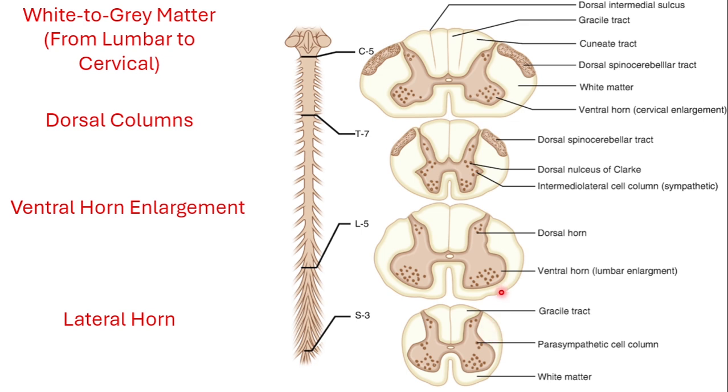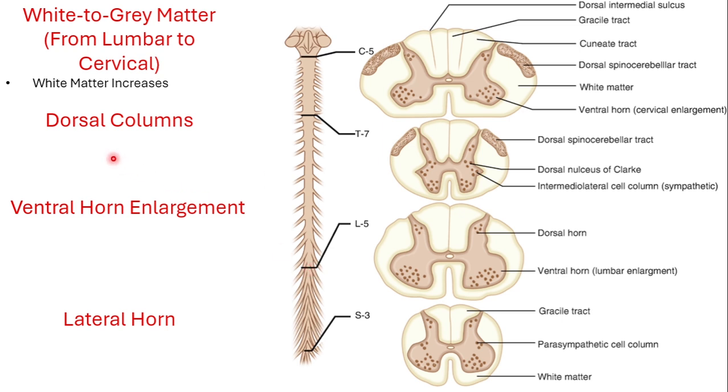When we are in the lower spinal segments, those groups of axons are responsible for innervating the lower limbs only. As we go up, those axons start to innervate the lower limbs and the upper limbs as well. So now we have more tracts, and that's why as we go from down up, we have more white matter. Okay, so the first factor, white to gray matter: from down up, the white matter increases.